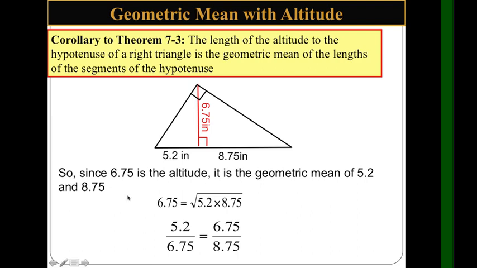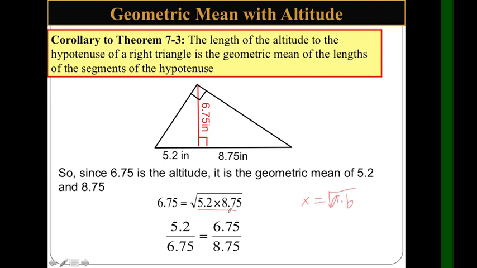If you still remember our formula, x equals the square root of ab, where a is equal to 5.2 and b is equal to 8.75, so we will multiply the two.